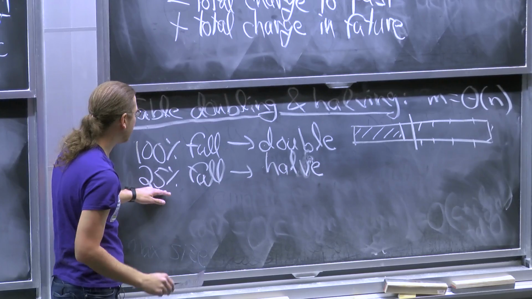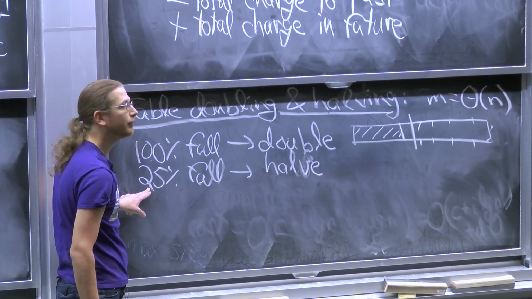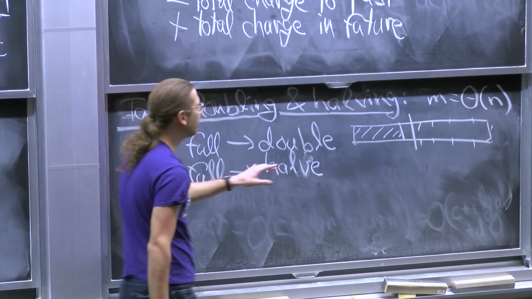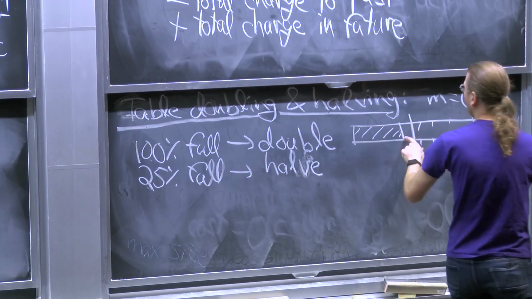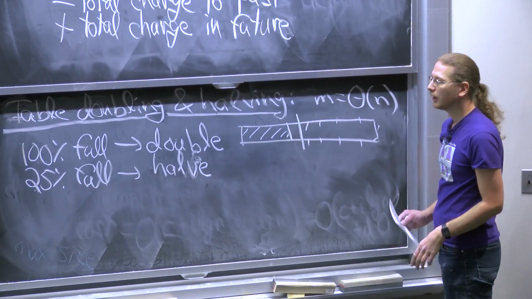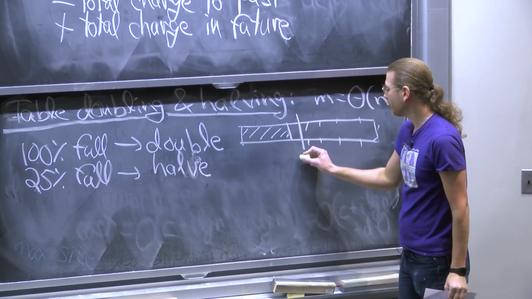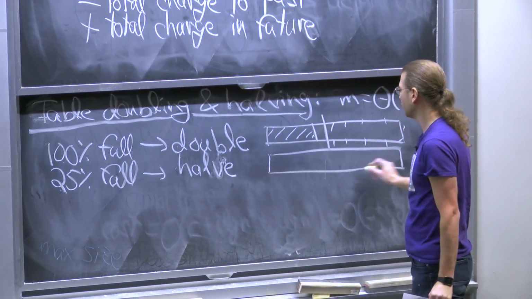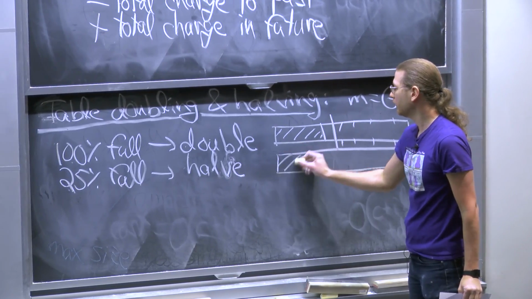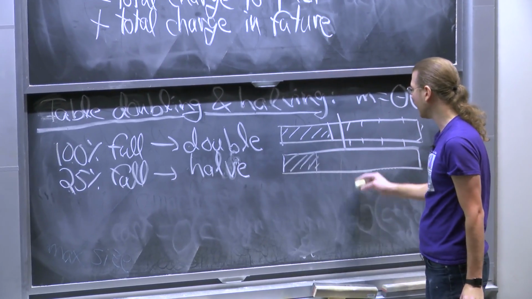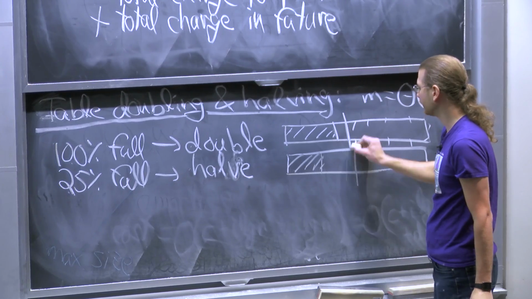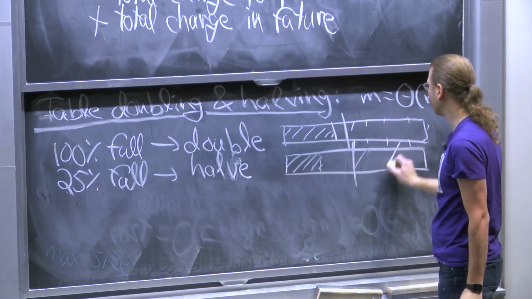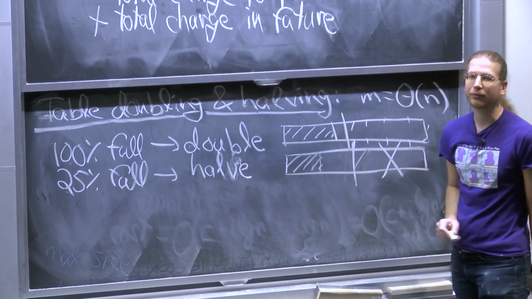So this particular choice of constants is nice because when I double a full array, it's half full. And also, when I have an array that's a quarter full and I shrink it, getting rid of this part, it's also half full.